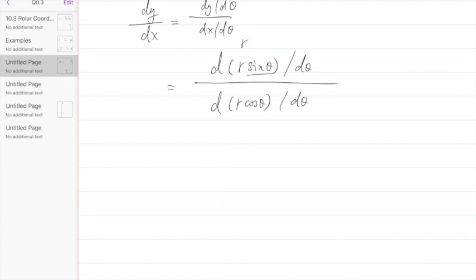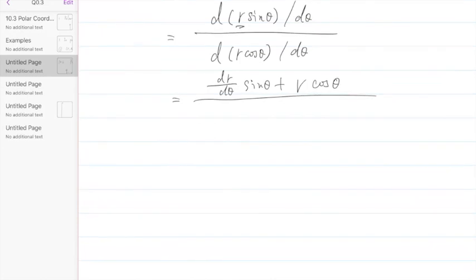Now when you start to take the derivatives, you need to think about who they are. Is r constant? No, r depends on theta. Is sine theta constant? No, it also depends on theta. So what you see here is the product of two functions of theta. That means naturally we should do the product rule, which is dr over d theta times sine theta: do the first one, keep the second one, plus keep the first one and the second one.